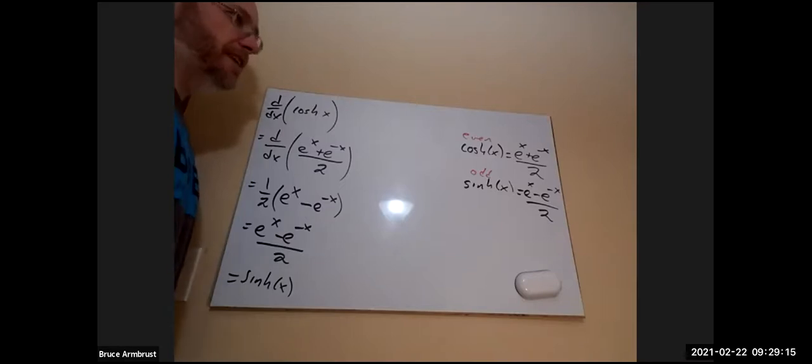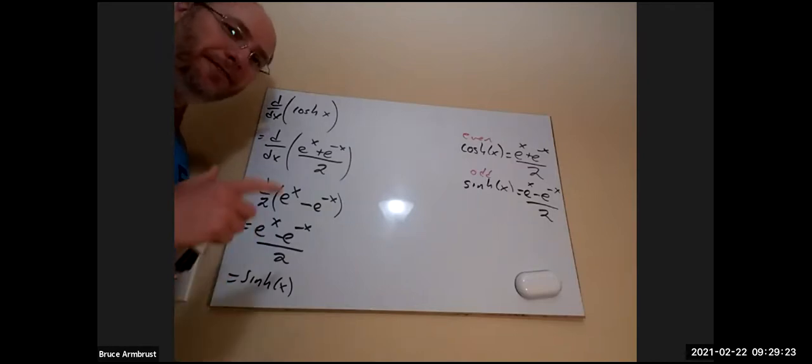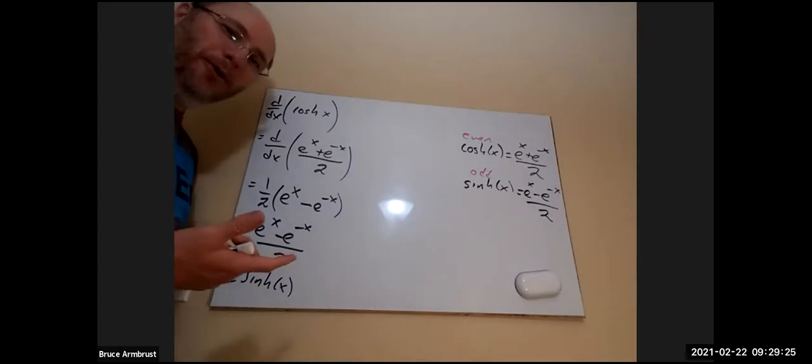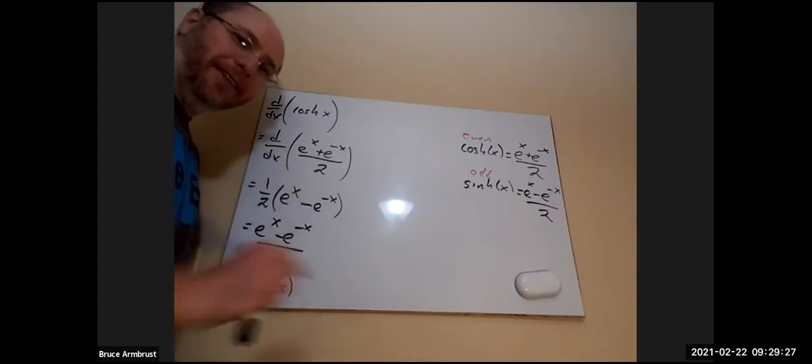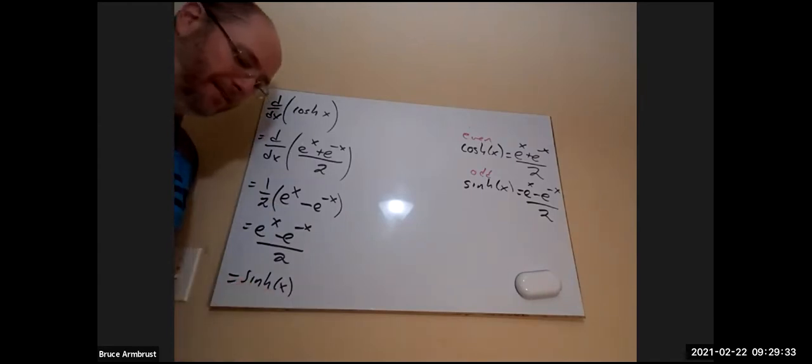So the derivative of sinh is actually just cosh. So these two functions are kind of cool. The derivative of one is the other. Just period. There's no sign change or anything.